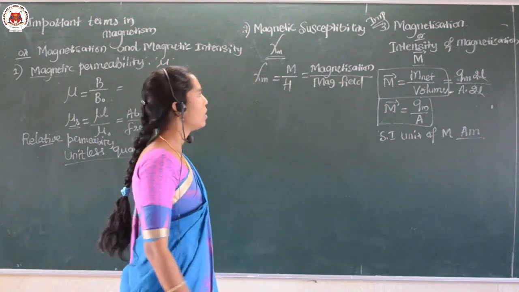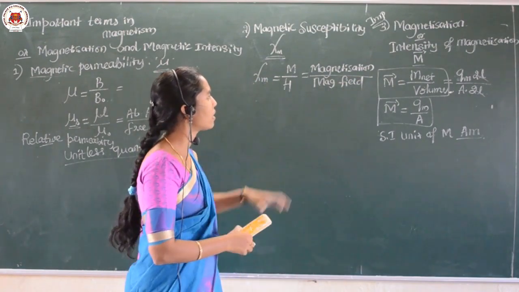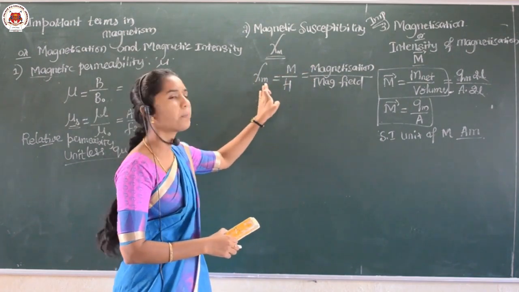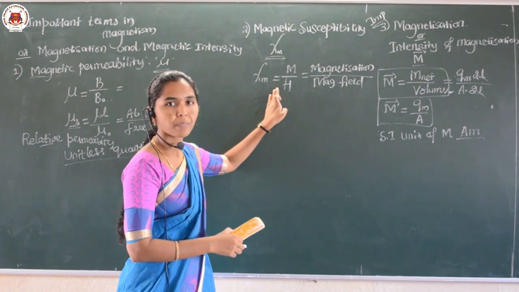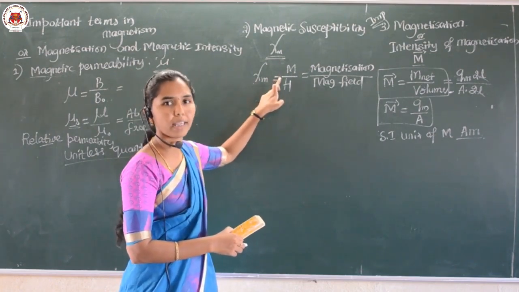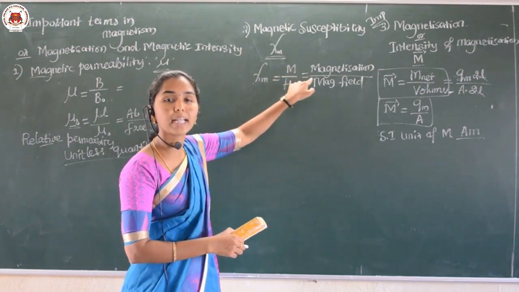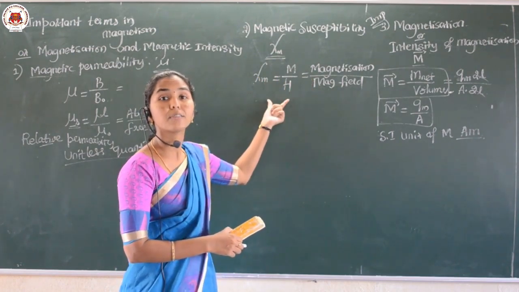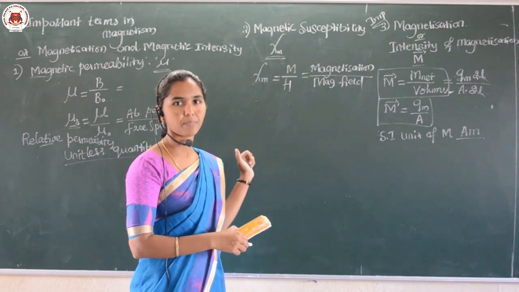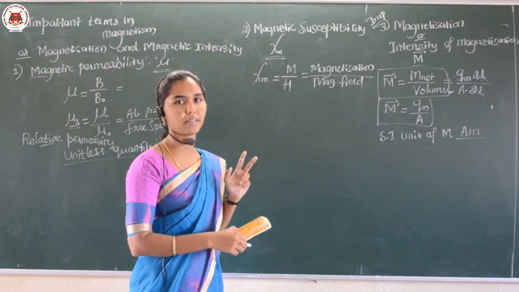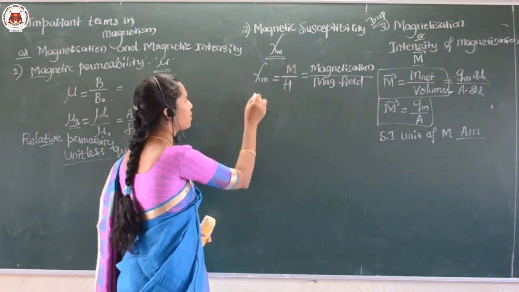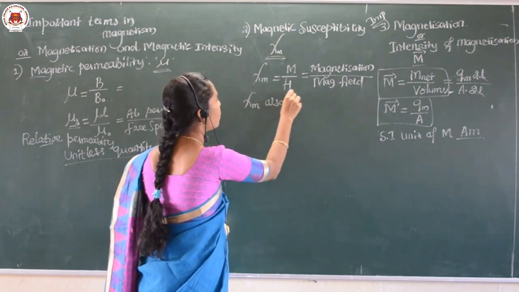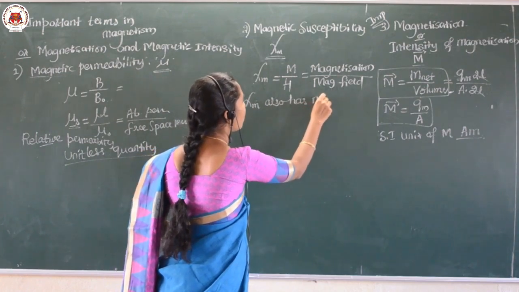In another way, magnetic susceptibility Xi m is defined as the ratio of the intensity of magnetization of the sample to the magnetizing field applied on it. Both ways you can define. And remember this also, Xi m has no unit.